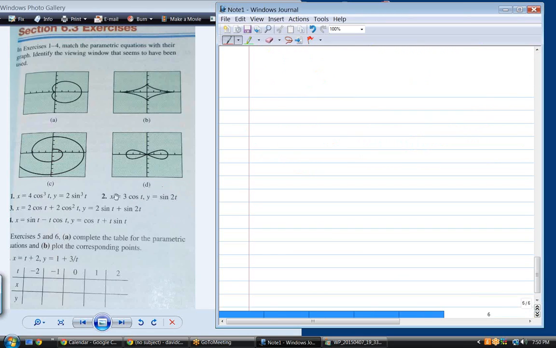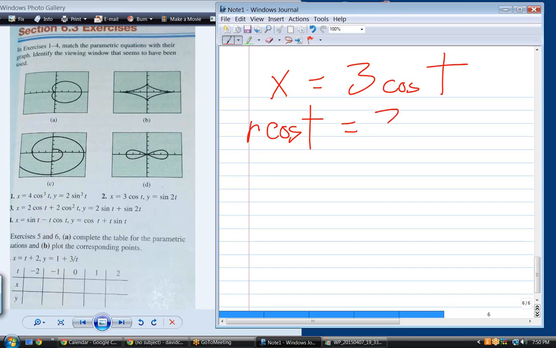Let's see what we get when we play with this one here. We got x equal 3 cosine of t, and x is r cosine of t. So if that's equal to 3 cosine of t, then r equals 3. That's the equation of a straight line.